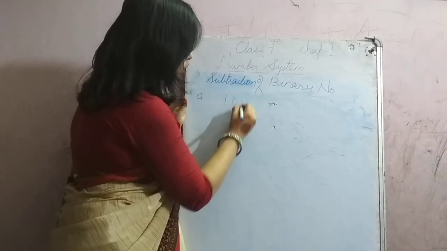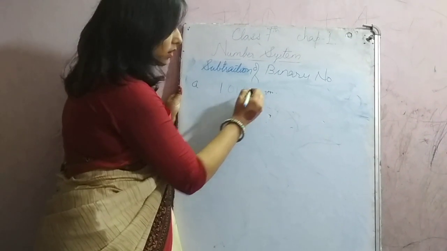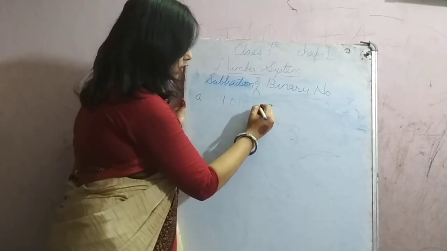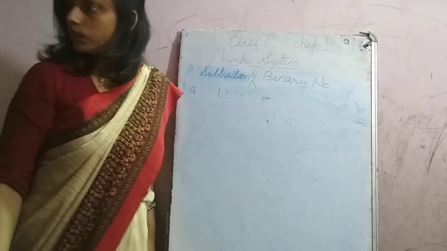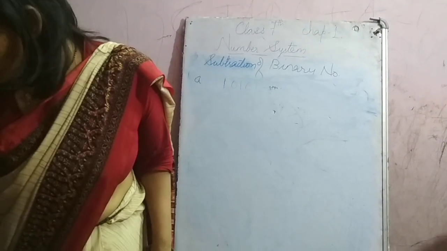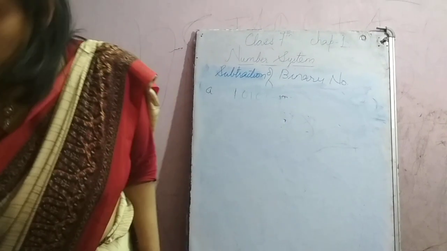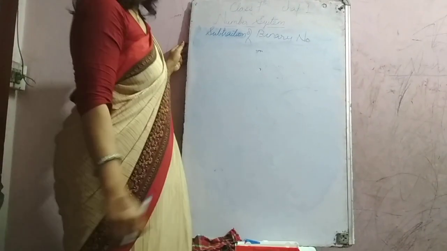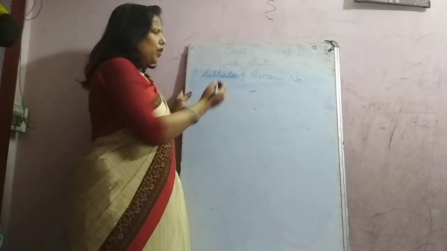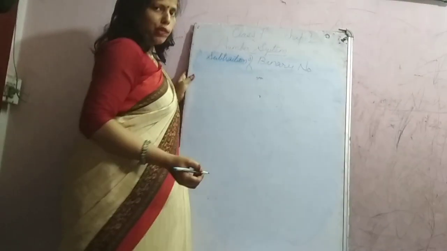1 0 1 0 1 minus 1. Okay, let's go. Now we are going to do subtraction of binary number.